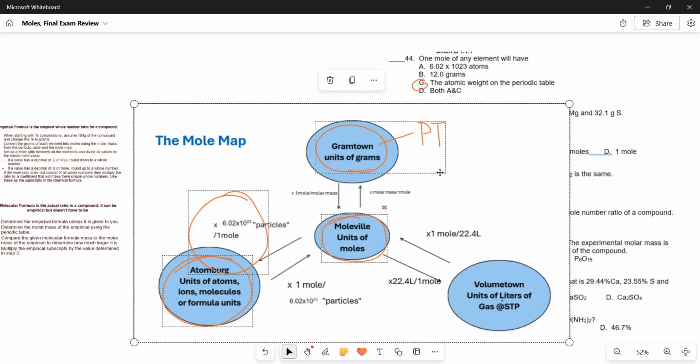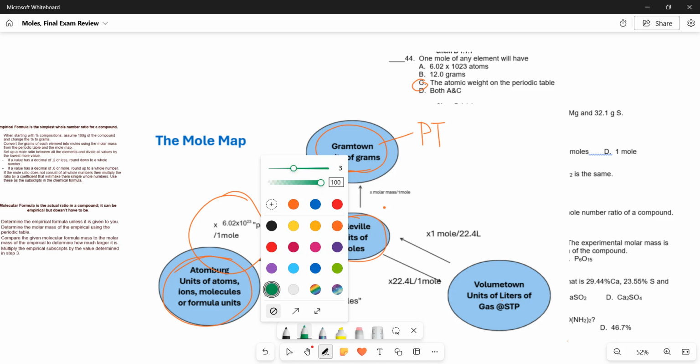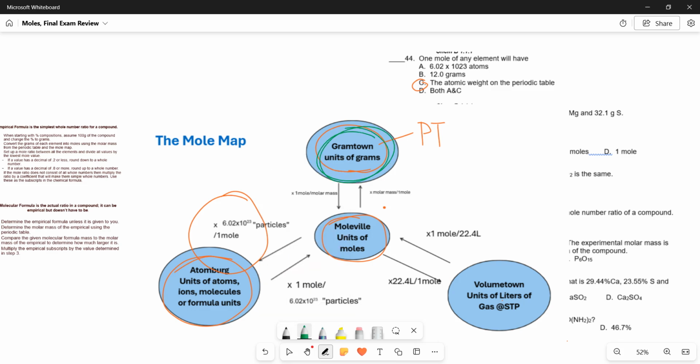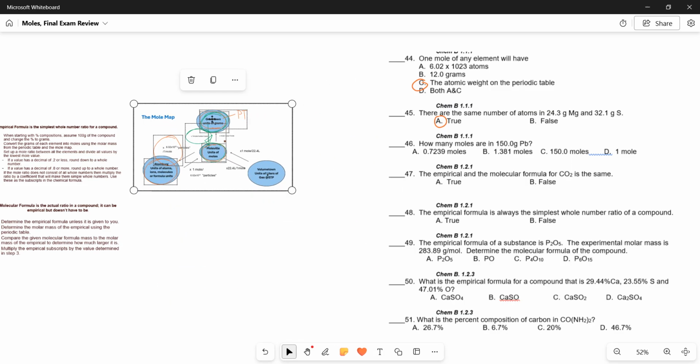I'm going to change the color. I'm starting here in Gram-town, and they want to know moles. So I am going to go down this arrow, and it tells me to multiply my mass that's given to me by 1 mole over the molar mass. And of course, the molar mass is going to be found on the periodic table.